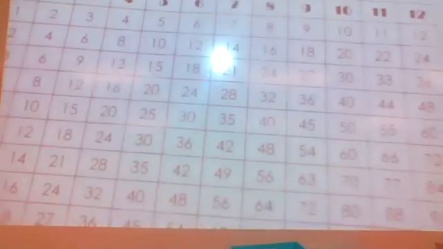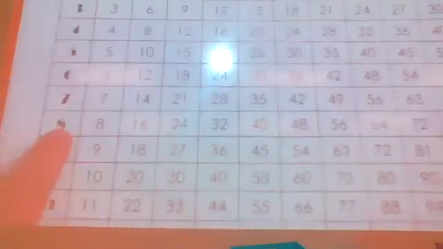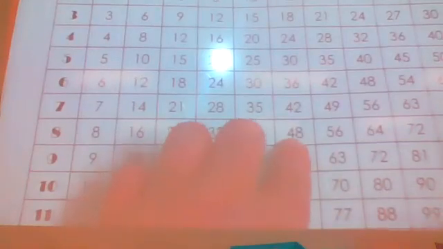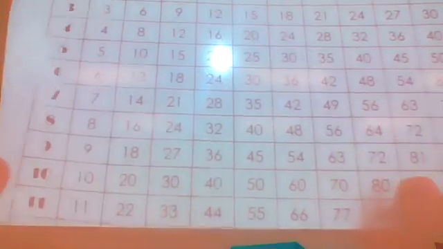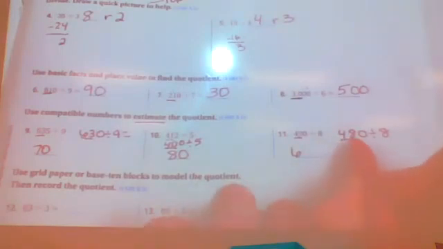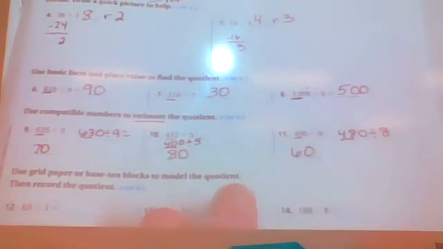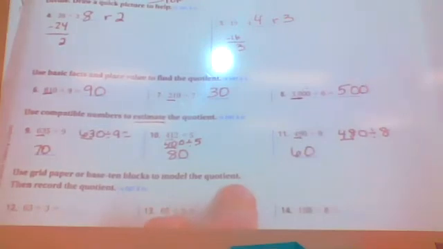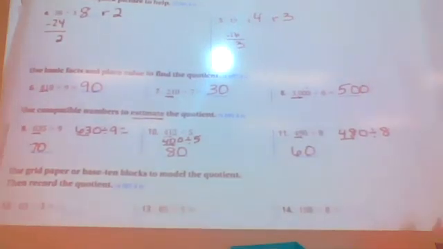And I can also get that by looking at my chart. 8 goes into 48 6 times. Now, I use the 4 and the 8. Have I used the 0 yet? No. So I need to put that behind my 6. A quick estimate to this is 60.